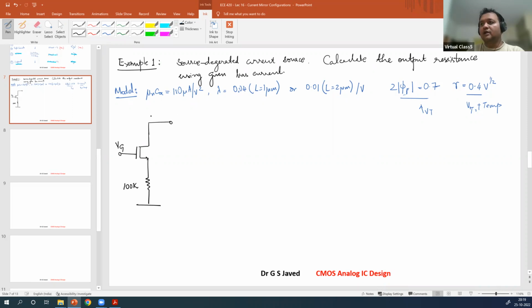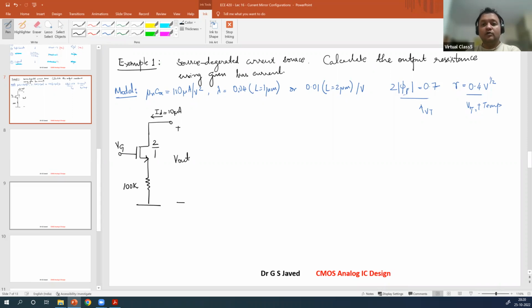This is your drain current, ID equal to 10 microampere, and V out. Now, what is the W by L ratio? The W by L ratio given is simply 2:1.